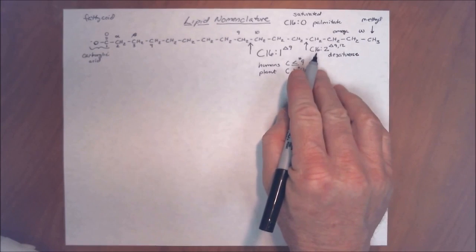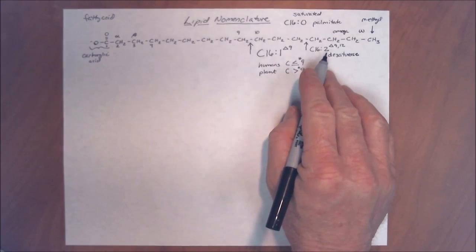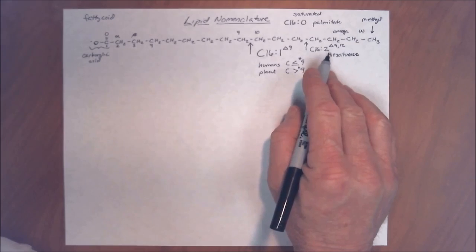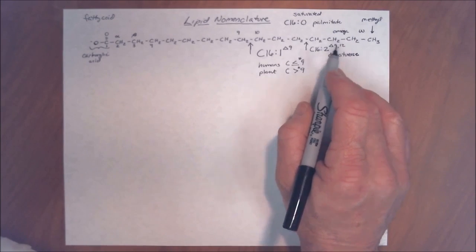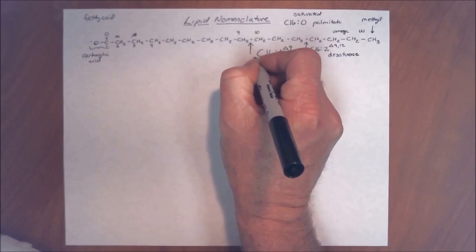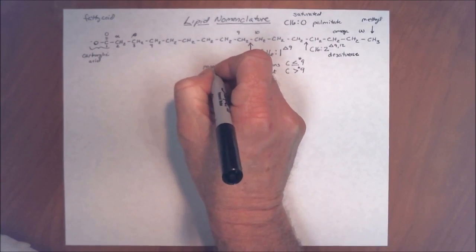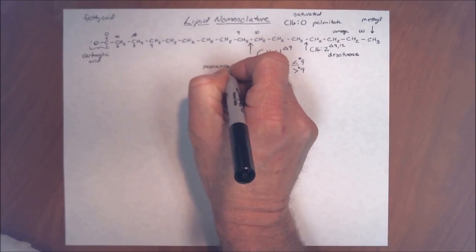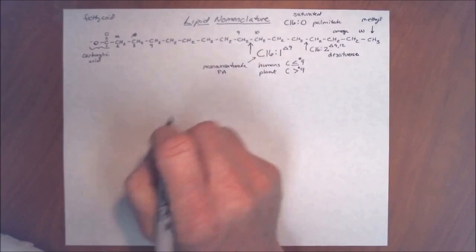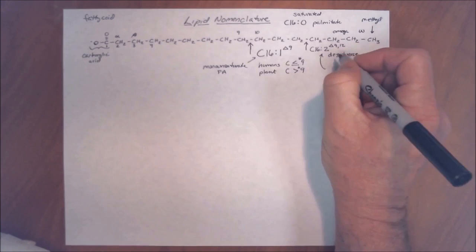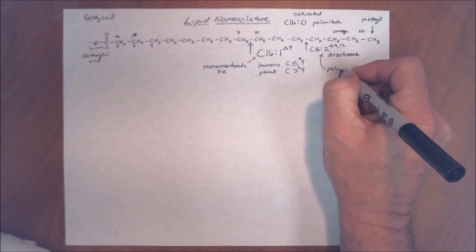And this would indicate 16 carbons, two double bonds at positions 9 and 12. So this particular structure is a monounsaturated fatty acid. This structure is a polyunsaturated.